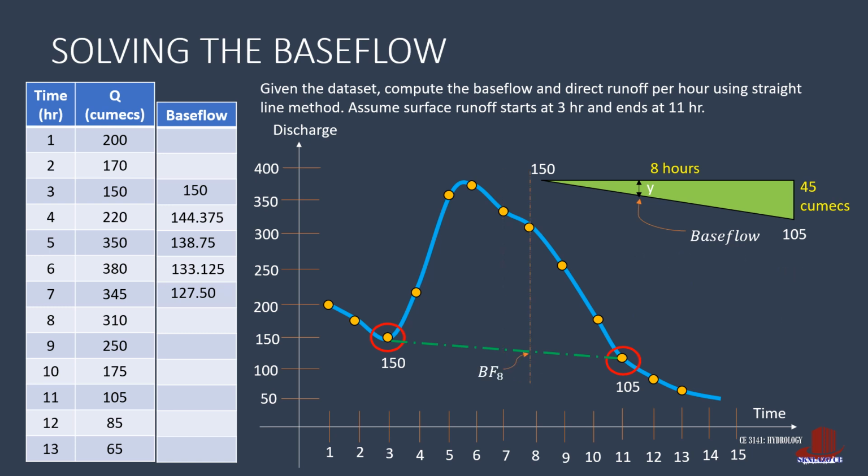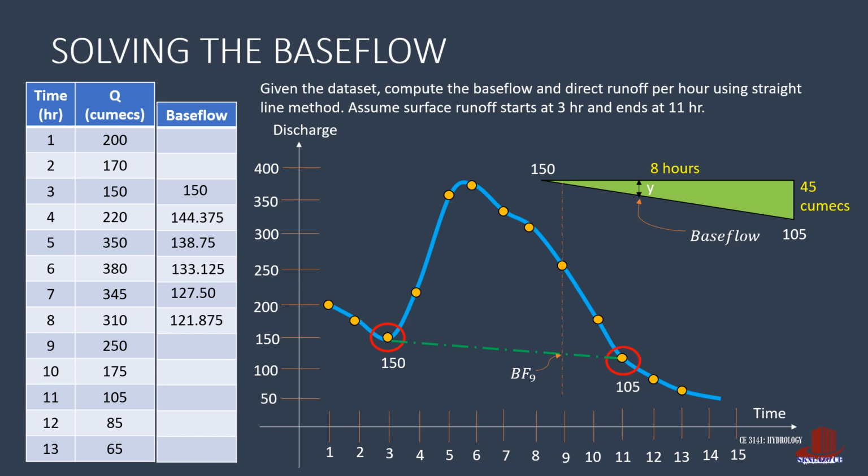The next hour is then proportioned as y is to 5 as 45 cumex is to 8 hours, where y is computed as 28.125 cumex. The base flow at the 8th hour is then 150 less 28.125, which is 121.875 cumex.